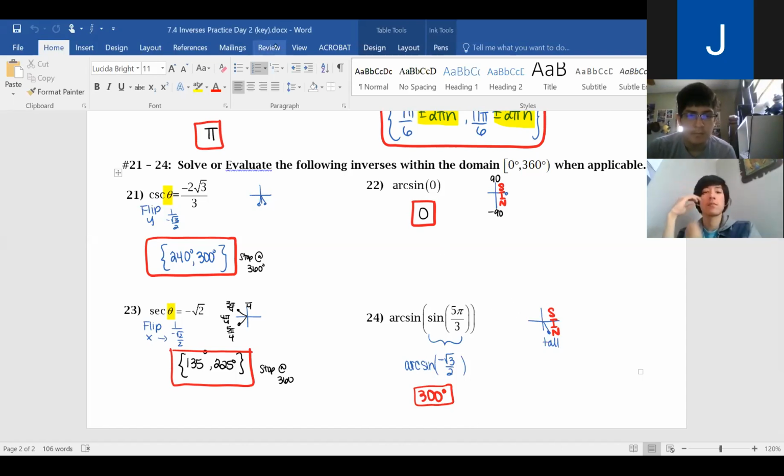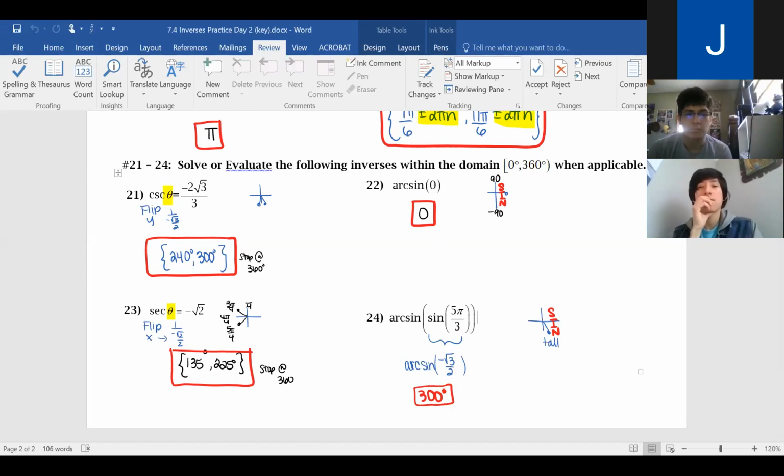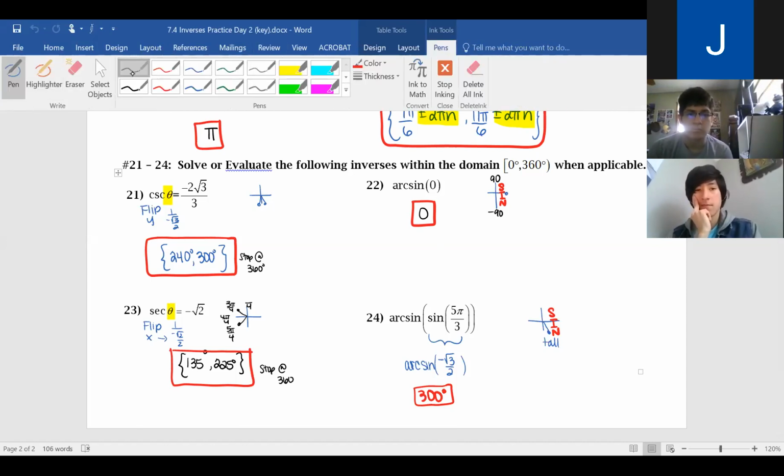So if we're looking at the sine of 5 pi over 3, that's down here. We know that sine is y, so that's the negative root 3 over 2. You want the arc sine of it, so you want the inverse sine. So again, we're back in here. It asks for your answer in degrees.